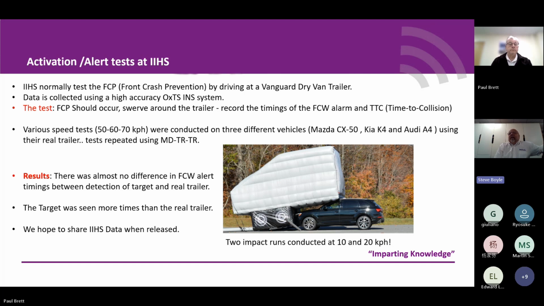If it had acted at that point, it was deemed a pass, and they would swerve around the trailer. So we repeated that with all the vehicles, driving at from 10 kilometers per hour up to 70 kilometers per hour. And they drove at each trailer with each car and recorded the time.